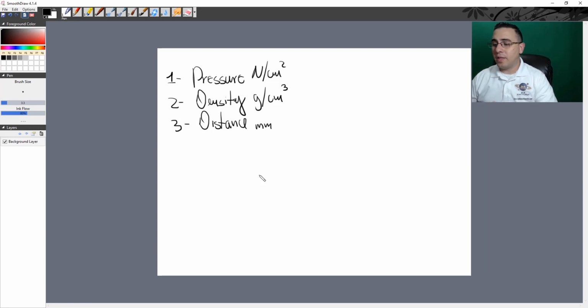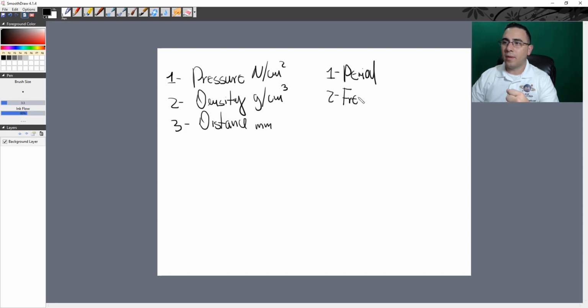But then remember, we have these acoustic parameters as well. We have 7 acoustic parameters of this wave that is continuous, because later we're going to study acoustic parameters for the pulsed wave. But that's something that we're going to see later. So for now, let's mention those acoustic parameters, and we studied those in the following order, if you remember. Number 1, we got the period. Number 2, we have the frequency.